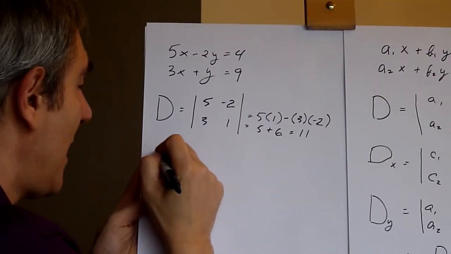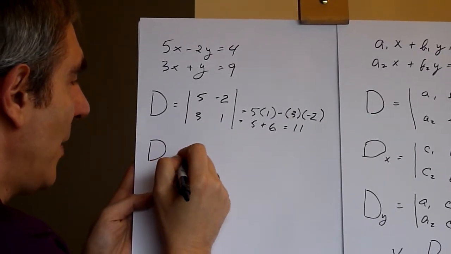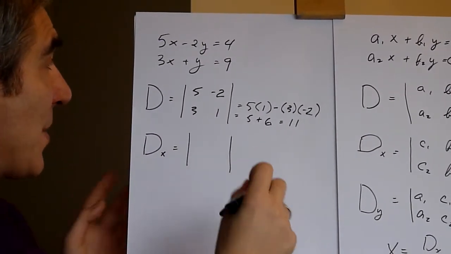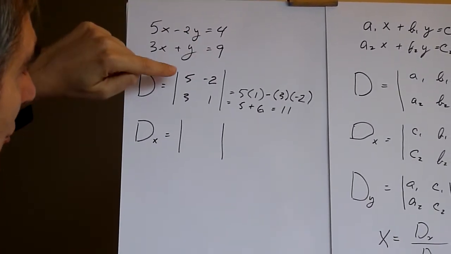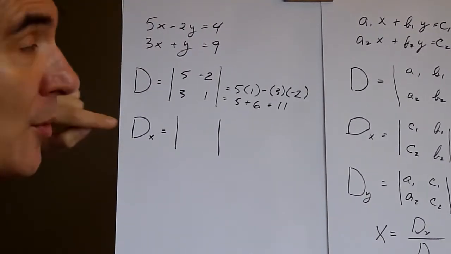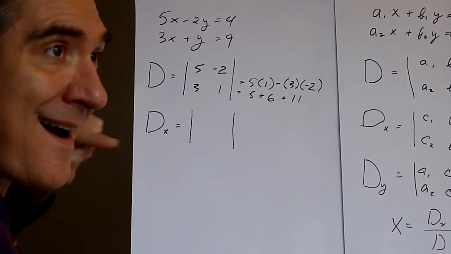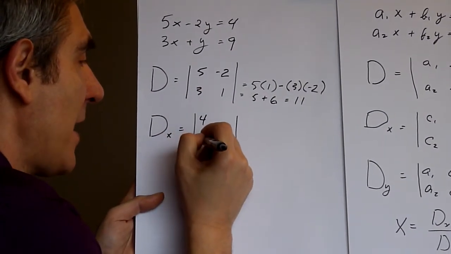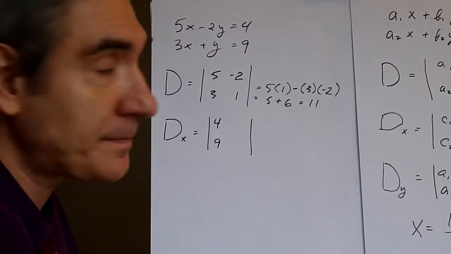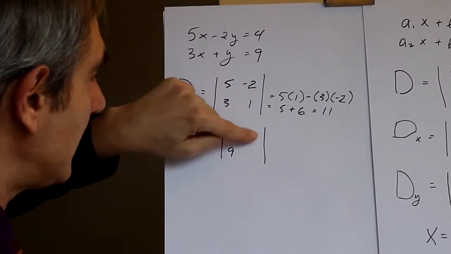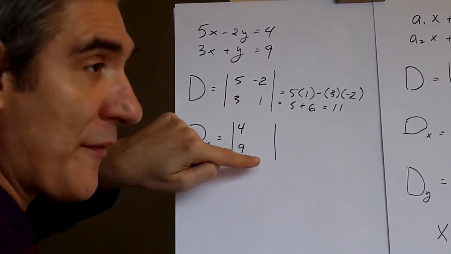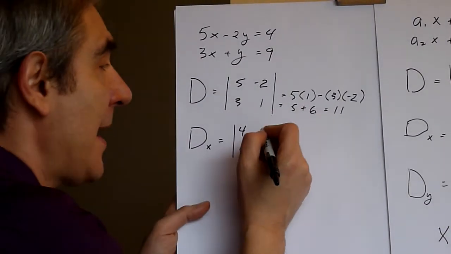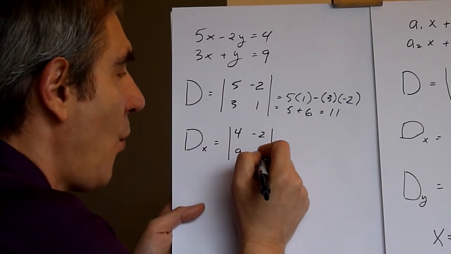Okay, D sub x. Well, we take the x coefficients and replace them with our constants. So here where we had 5 and 3, we're going to replace them with 4 and 9. Since we're dealing with the x's, the y coefficients stay exactly the same, namely negative 2 and 1.